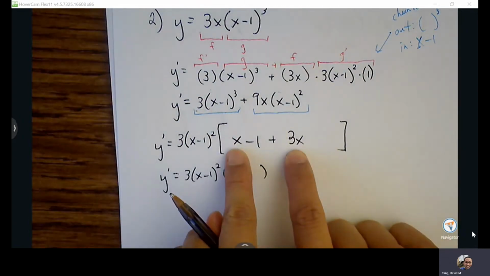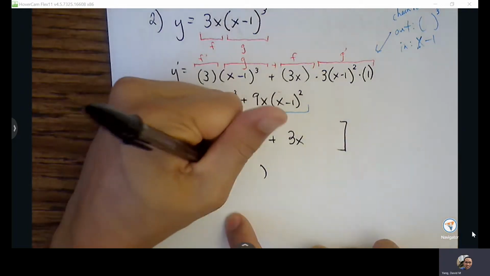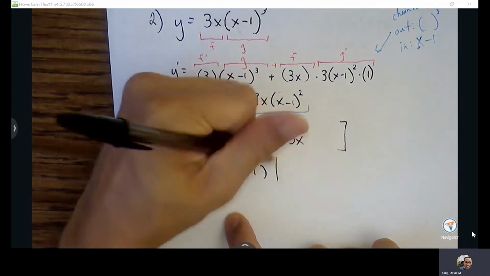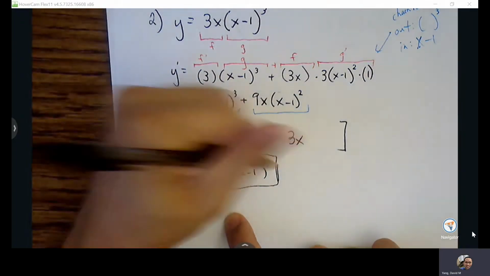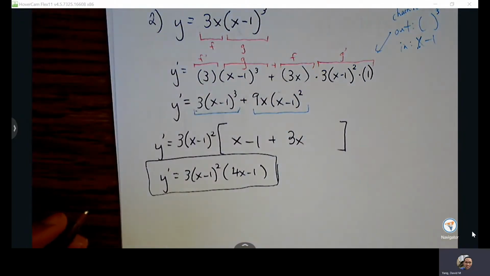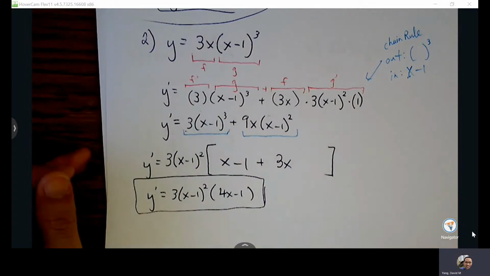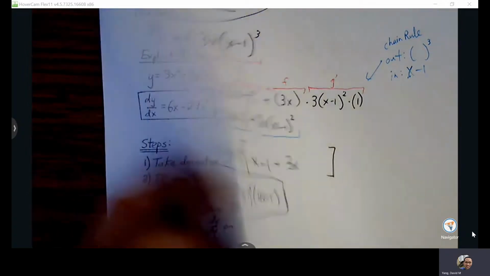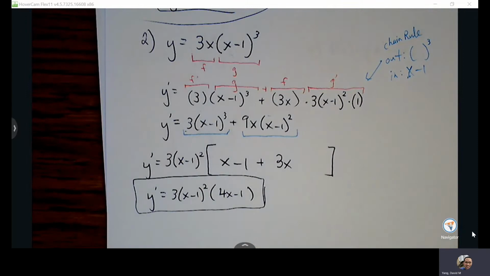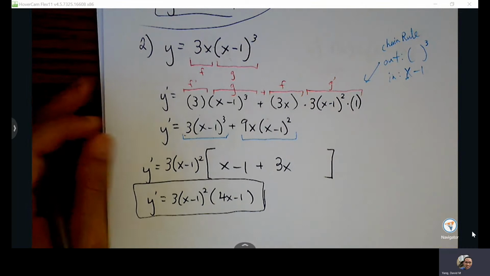So I want to get that practice in with cleaning up. x plus 3x is 4x, 4x minus 1. Okay, questions with 2?